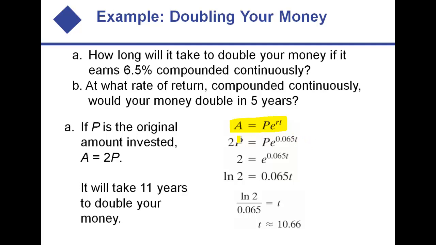We can divide both sides by P, and now we just have 2 equals e to some power. We need to solve for t, and t is trapped up here as a power of e. It's trapped in an exponential function. And what undoes exponential functions is logarithmic functions. And instead of taking the log of both sides with any base, we want to take the log of the same base.